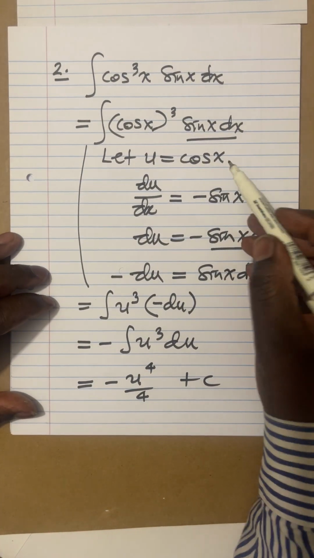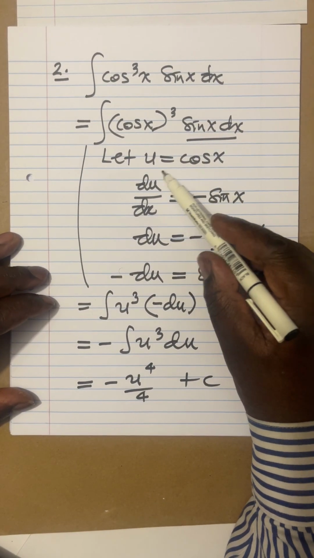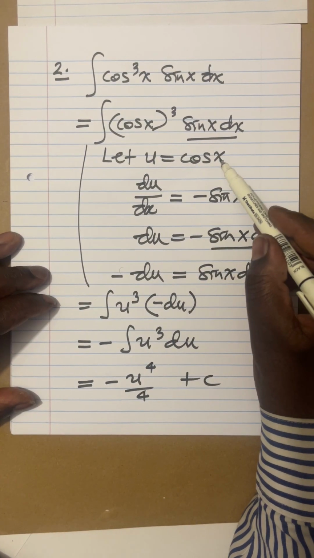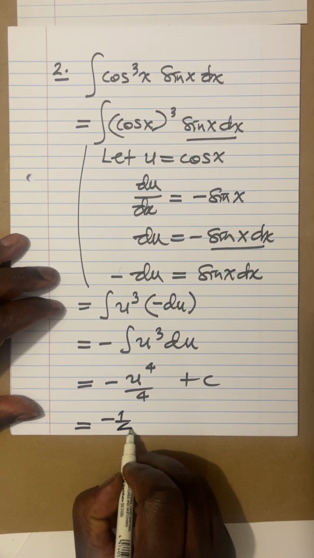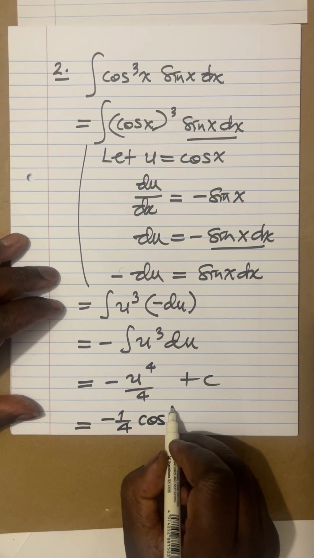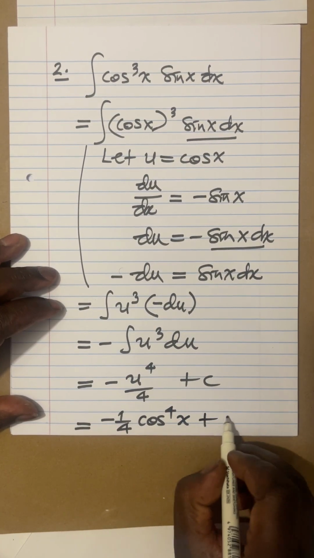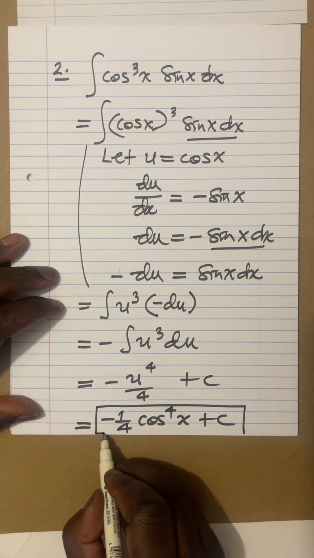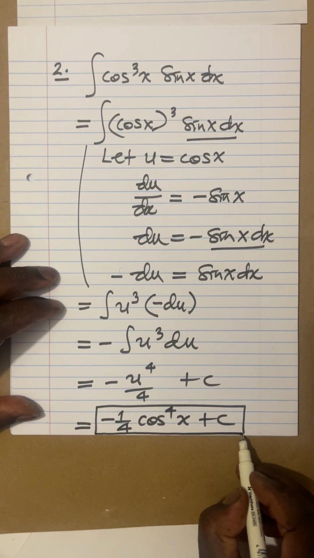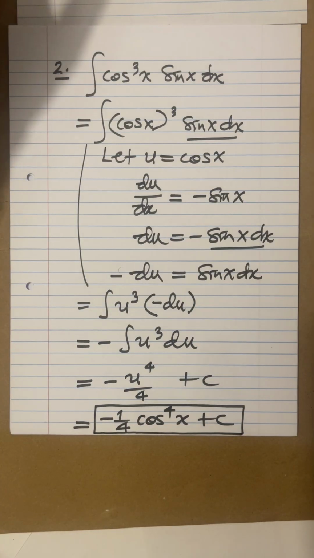But remember, our u is cosine of x. That's the relationship between u and x. So this must be minus a quarter of cos^4 x plus c. That's our final solution to our integral number 2.